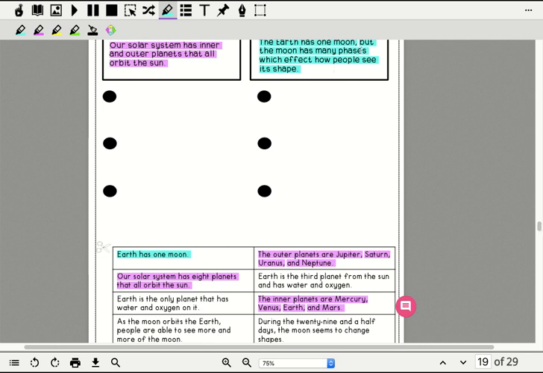Okay, so that is telling us about how people see the moon, so that directly affects this. Now, this one says during the 29.5 days, the moon seems to change shape. That is telling you about the phases, that is in that main idea. So now I have 3 for each one, and that makes it completely finished.